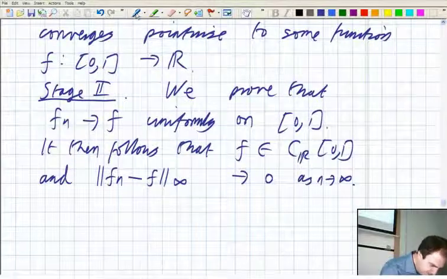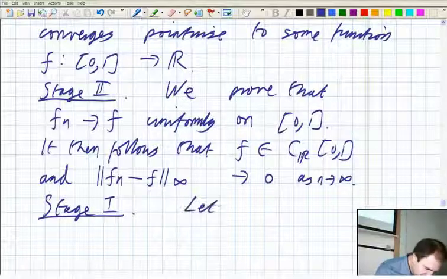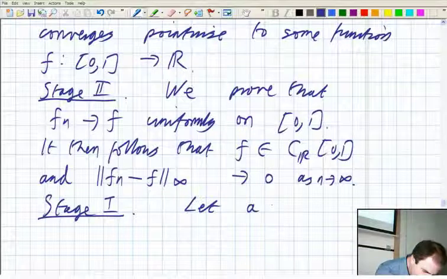So for stage 1 then, I'll let A be in [0,1].